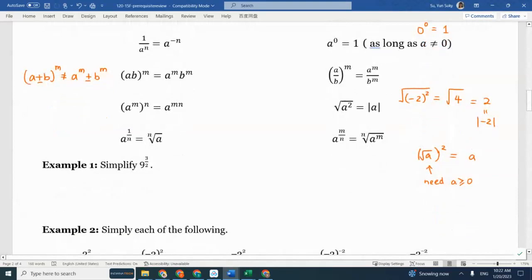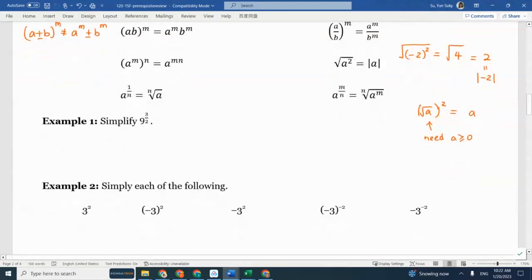Okay, so example 1. Simplify 9 to the 3/2. From now on, try not to use your calculator in your homework. After you finish, you can use your calculator to check the work. But when you do your homework, try not to use it, because you want to build a sense of numbers.